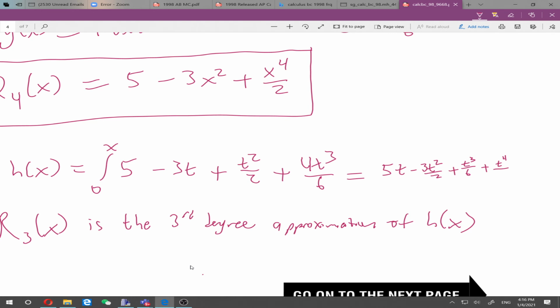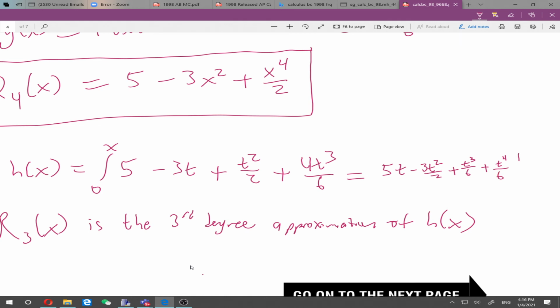You're right, this would be 4t to the fourth power over 24. But those 4s are going to cancel, so I'll be left with just the 6.